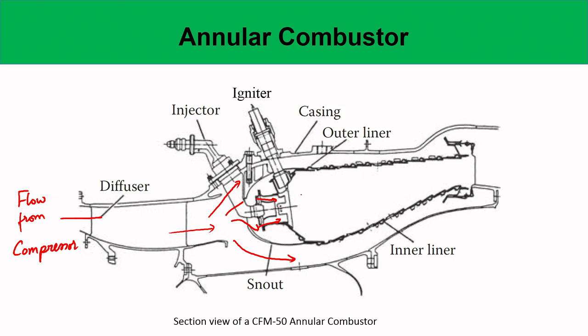So this injector sends out a liquid sheet, which breaks up. Okay, it's not so big, let's draw it a little more accurately. So this injector sends out a liquid sheet, and of course in a swirling environment. So this whole flow is swirling like this.